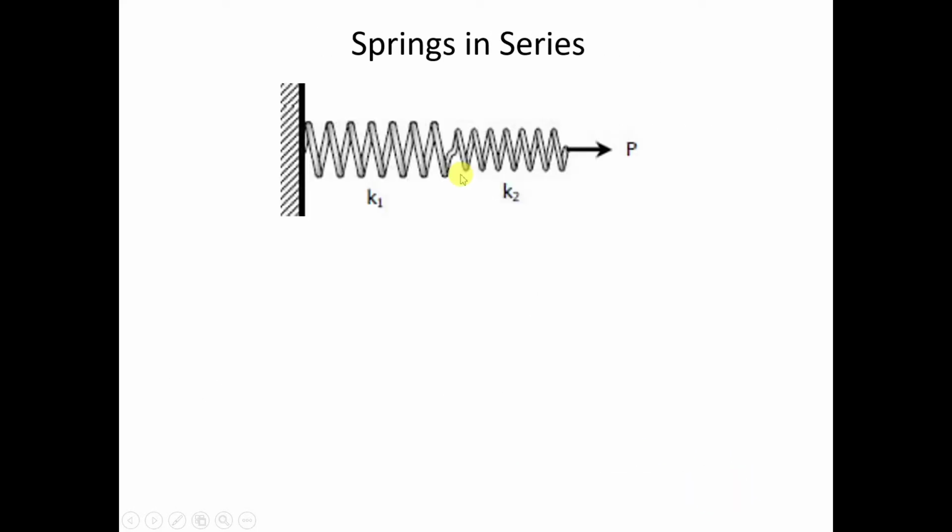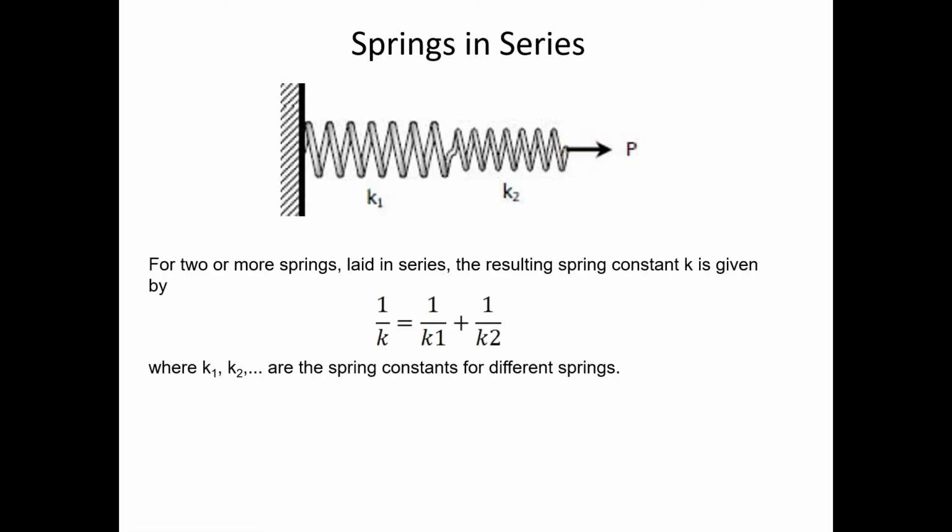Now let's see what will happen with stiffness if you add two different springs in series. Suppose you have one spring whose stiffness is K1 and another spring whose stiffness is K2, and you have added them in series and are applying a load P. For two or more springs laid in series, the resulting spring constant or stiffness K will be given by this equation, where K1 and K2 represent the different stiffnesses of the springs.